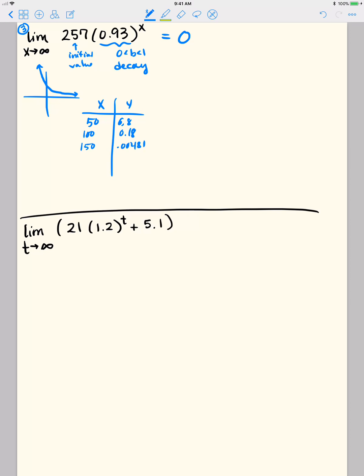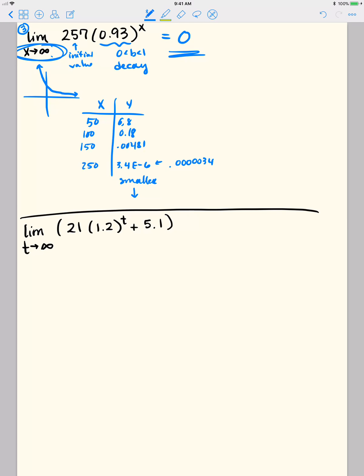Eventually, like at 250, on the graphing calculator anyway, it starts representing scientific notation, where that's really 0.000034, and the numbers just keep getting smaller and smaller for function values. So as x approaches infinity, for this function 257 times 0.93 to the x power, the function values approach 0, and that's what the limit of this function is, 0.